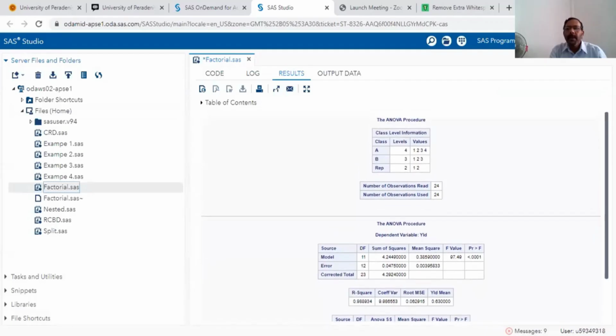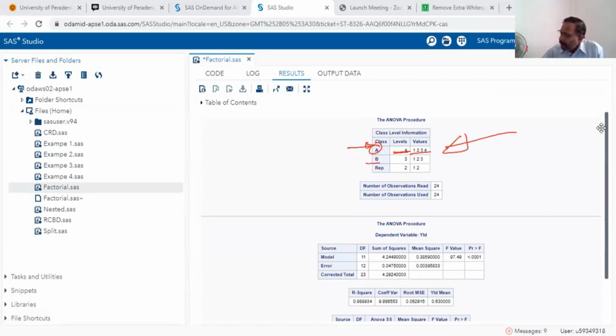We could describe each table. The first table, as you all know, coming usually in the other cases also, is the basic information. Let's say what are the different levels of factor A, the classified variable A, how many levels? 4 levels are there. What are those levels? 1, 2, 3, 4. That is how we code it.